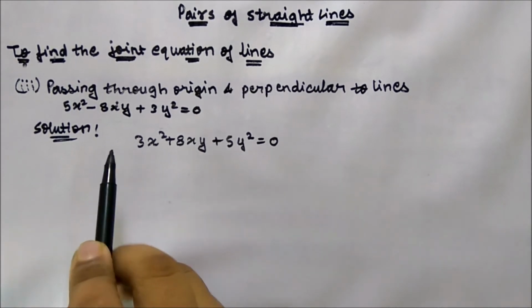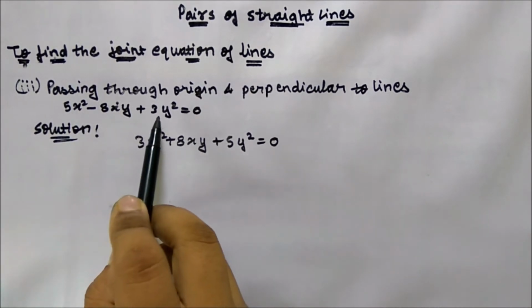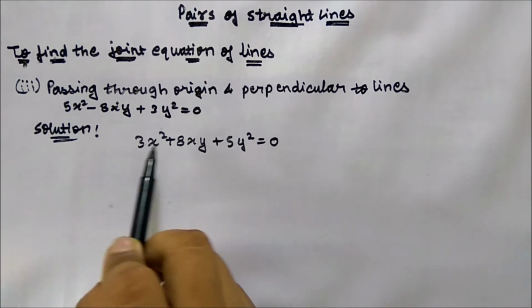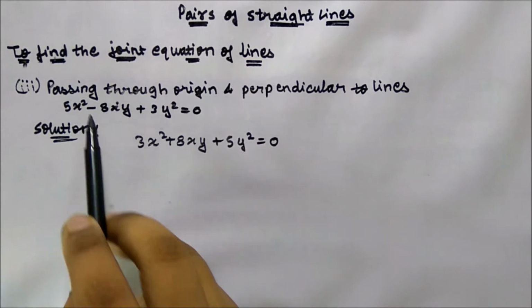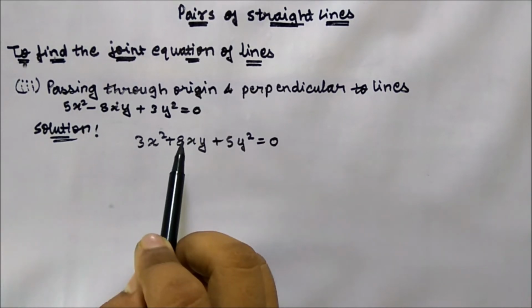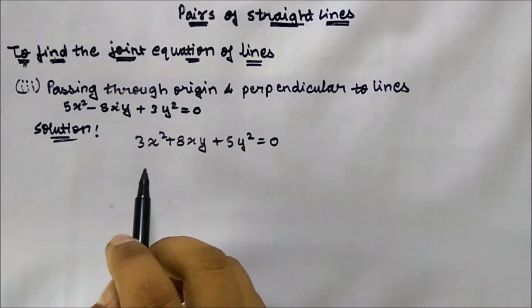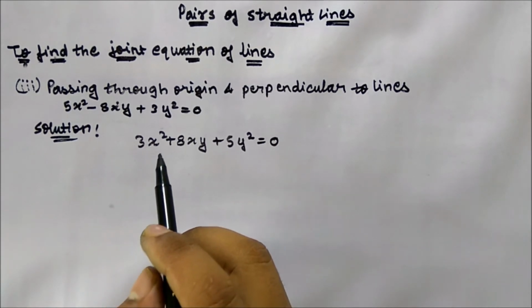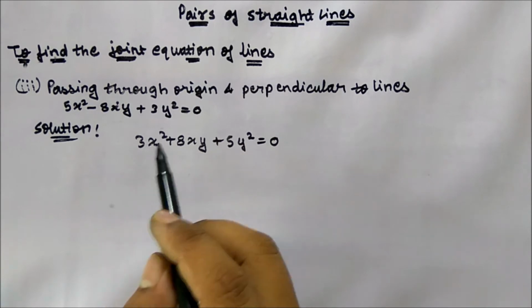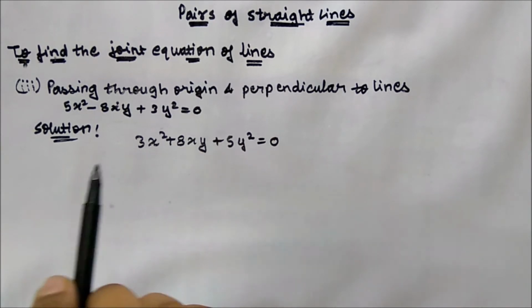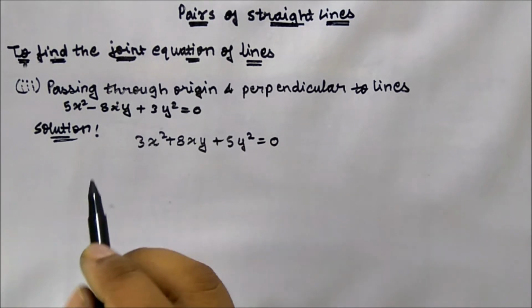That means the coefficients of x square and y square have been interchanged and the sign of the middle term has been changed. So in entrance exams, to verify our answer or to find our answer directly, we have a shortcut.